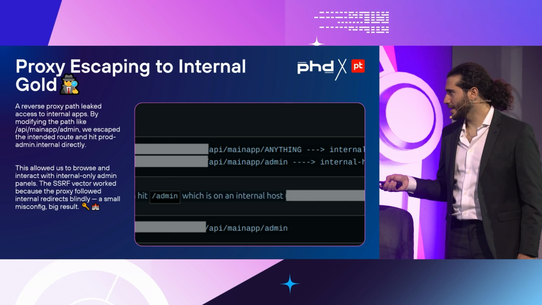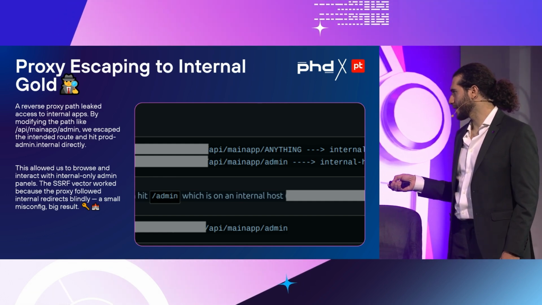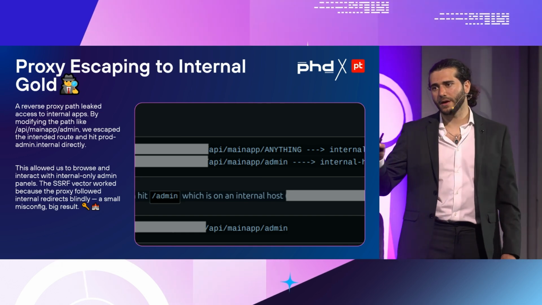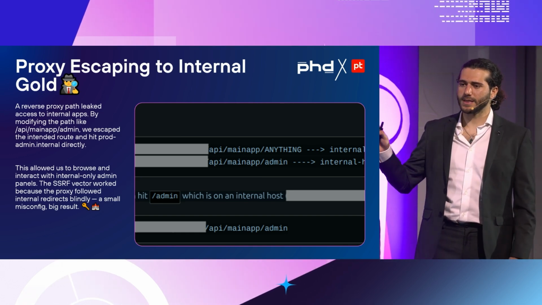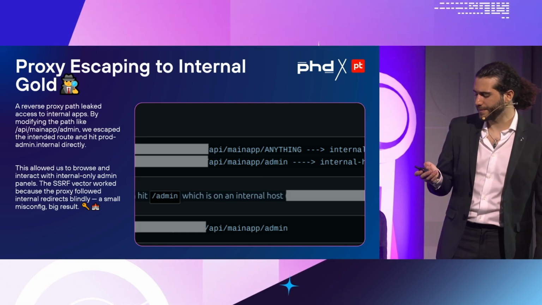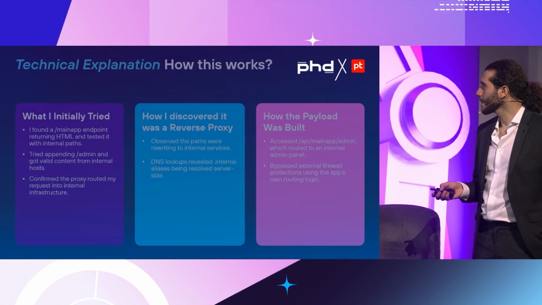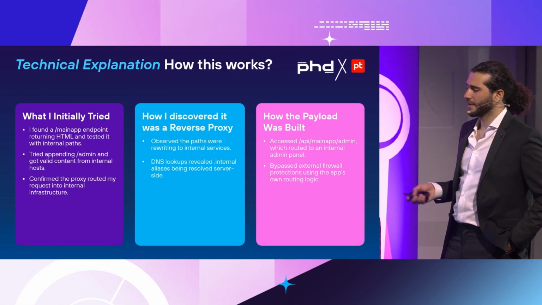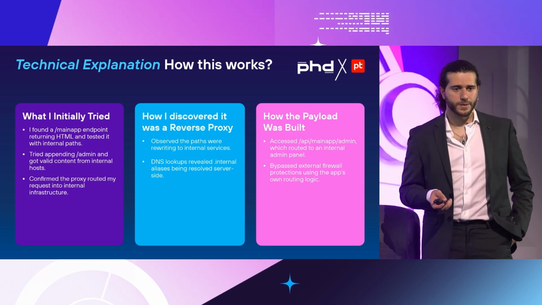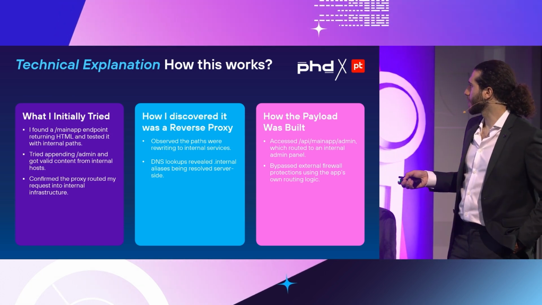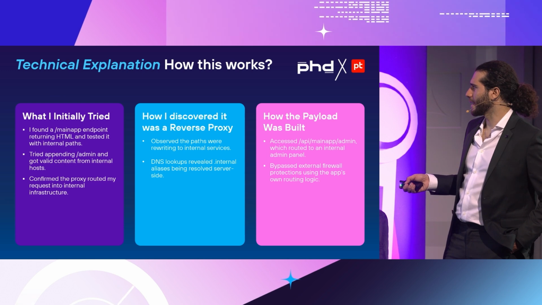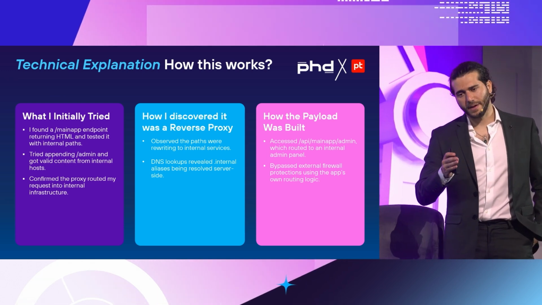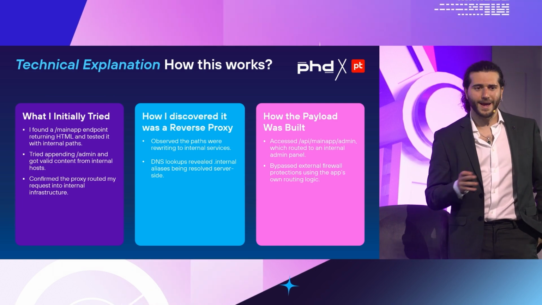So once we hit the /admin, which is on an internal host, it gives us access directly because it is blindly following the redirect payload inside internal parsing. And so the payload was built again by sending the vulnerable payload using Burp Suite, and then DNS lookups revealed internal aliases being resolved server side and blindly following the redirect.